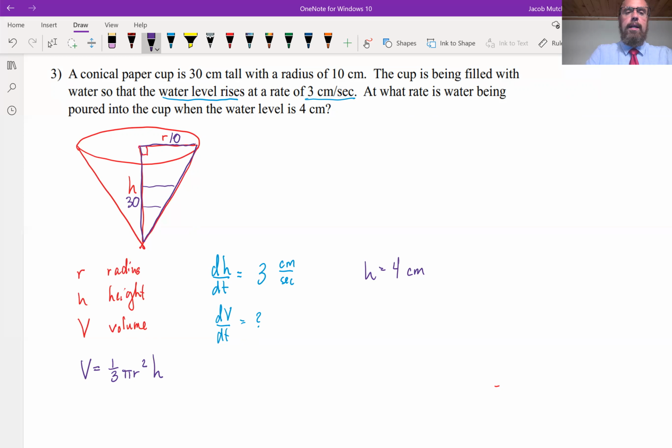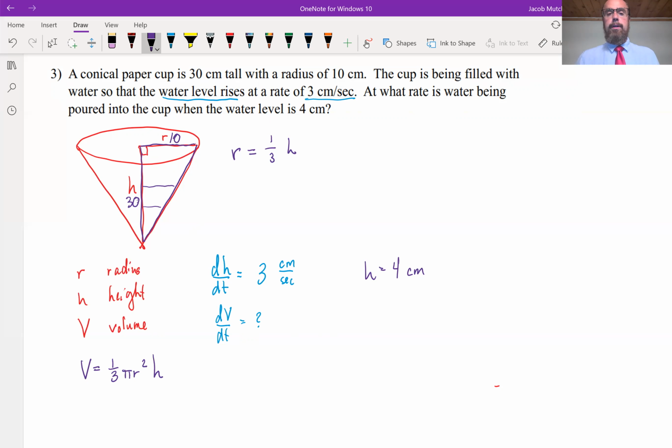And so what I can say is that the radius has this constant ratio of 10 to 30 of the height. And that gives me an equation, r equals a third of whatever the height is. So even as the water level is very short, that ratio is still intact. Whatever the height is, the radius is a third of it. Up to the full height of the cone at 30 centimeters, the radius is a third of that, at 10.